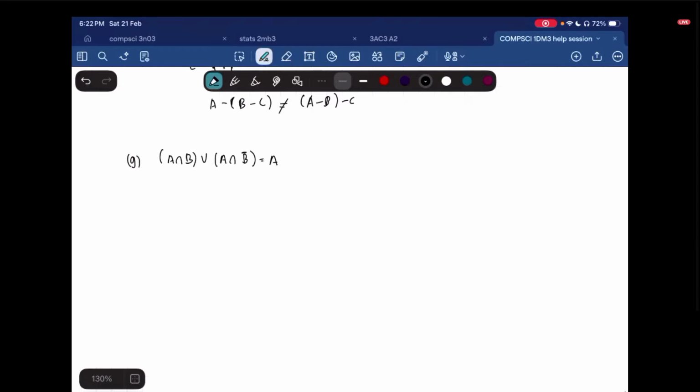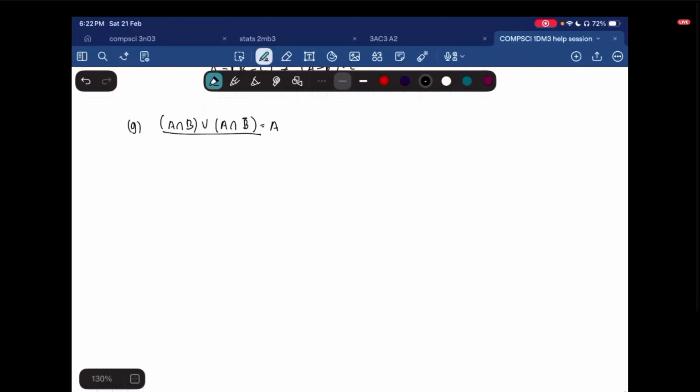So using the distributivity law, this is the same thing as A intersect (B union B complement). You can basically factor out the A intersect.